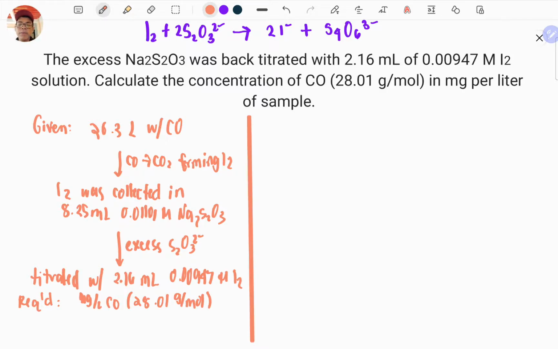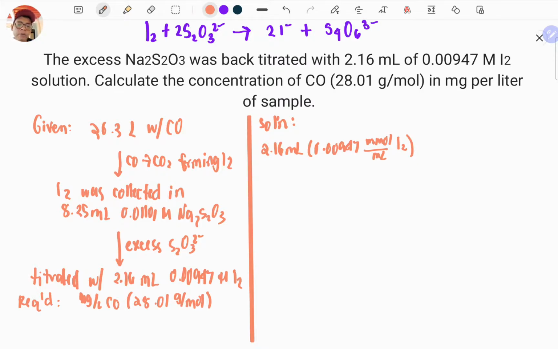So from the flowchart, let's start from the bottom. What will I get if I multiply 2.16 ml and 0.00947 millimoles per ml of I2? This is the titration part, right? If I multiply the volume and the concentration, I should get the millimoles of iodine.